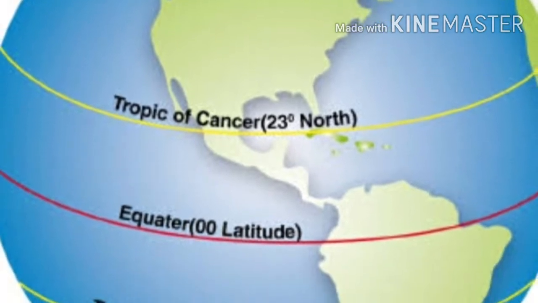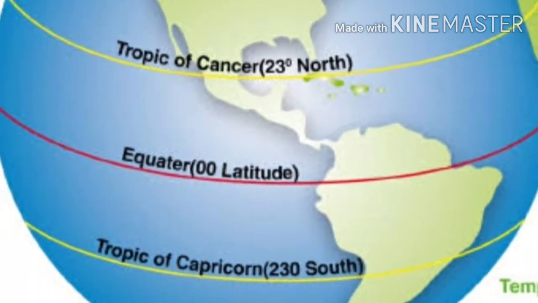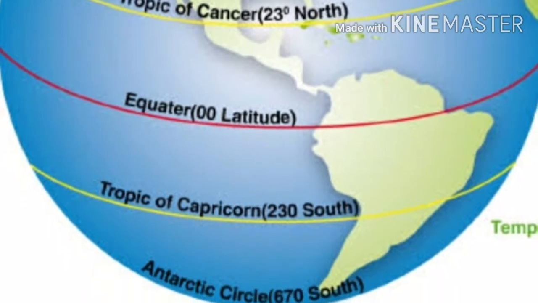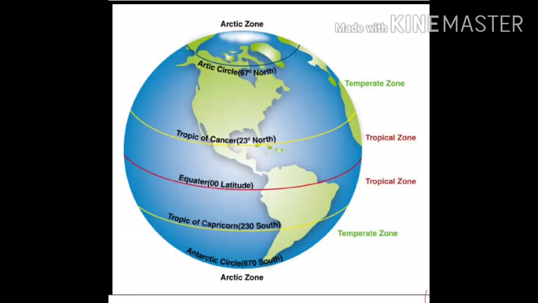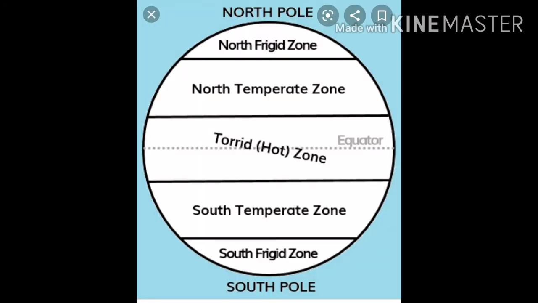The North Frigid Zone lies between the Arctic Circle, 66.5 degrees north, and the North Pole, 90 degrees north, and the South Frigid Zone lies between the Antarctic Circle, 66.5 degrees south, and the South Pole, 90 degrees south. The picture on your screen shows the north and south frigid zones, which lie in the Arctic and Antarctic Circles.